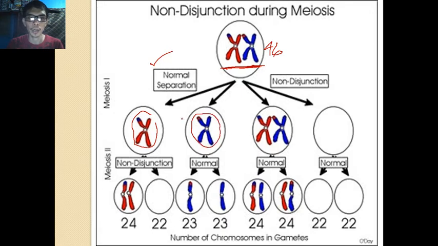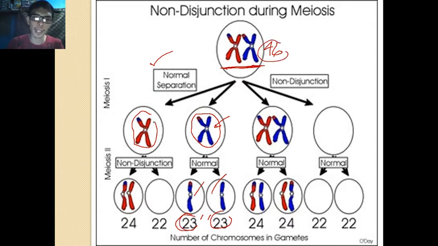Normally it will separate, and both cells should have an equal number of chromosomes. So we have 23 and 23, making it half, the haploid. So this is the diploid and this is the haploid.